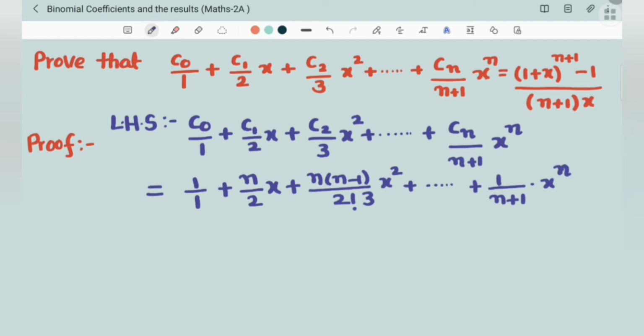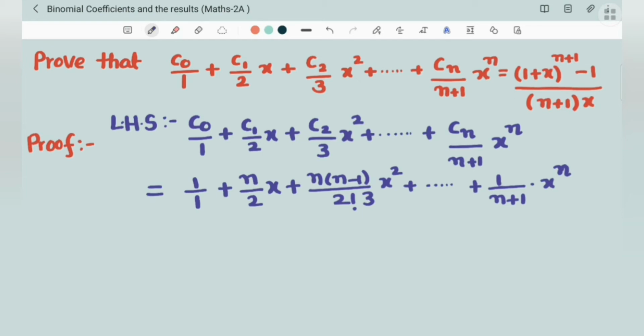So we just simplified the LHS terms. C0 means NC0, which is equal to 1. C1 is NC1, which is equal to n. C2 is NC2, n into n minus 1 divided by 2 factorial, and so on, Cn is NCn, that is equal to 1.